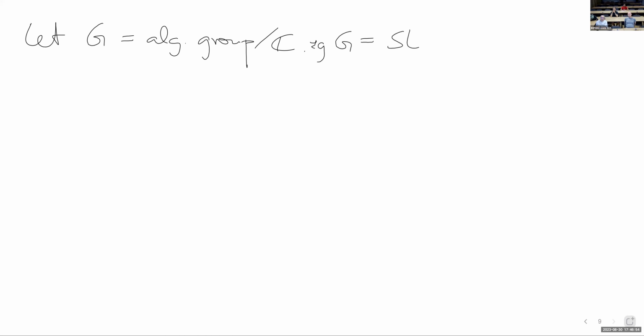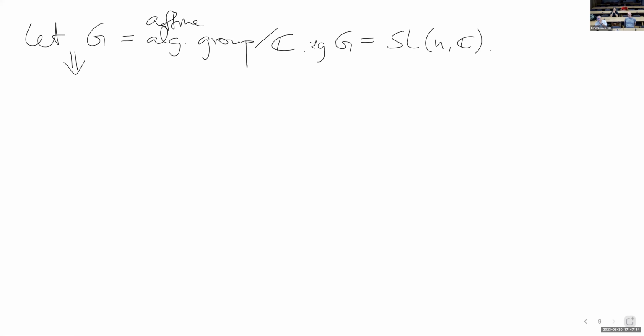Let G be an algebraic group over C. For example, it could be something very simple, like my favorite group, SL_N. This group is non-compact, and they will all be affine.